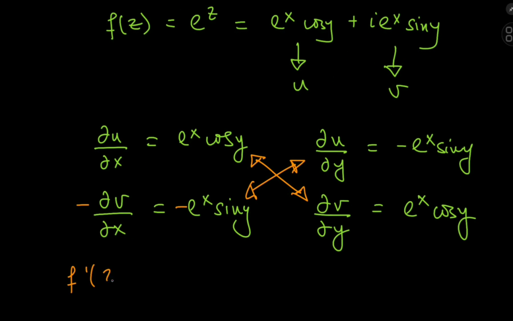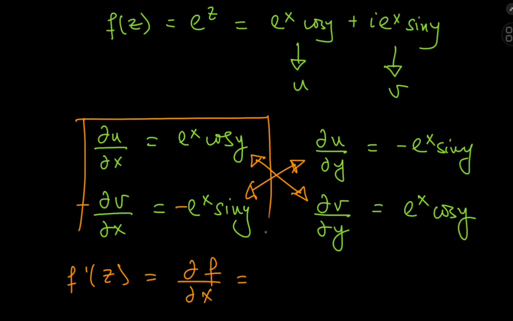So we can evaluate the derivative of the function f along any path we please. We'll choose the path along the real axis. So we can evaluate it as partial f by partial x. And this gives us this thing here, this column that is, excluding the negative signs in orange.